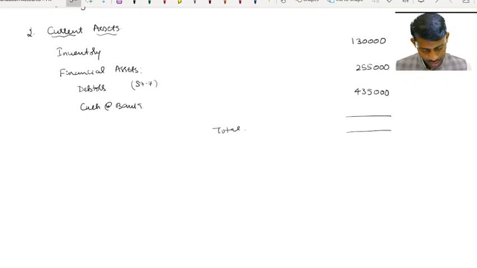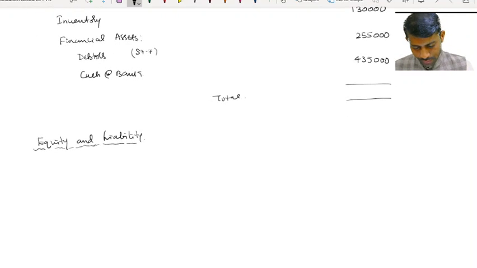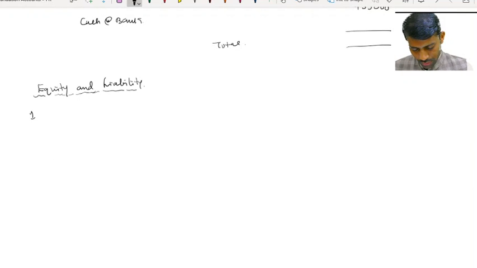Next, equity and liability. In equity and liability, first one is shareholders fund.